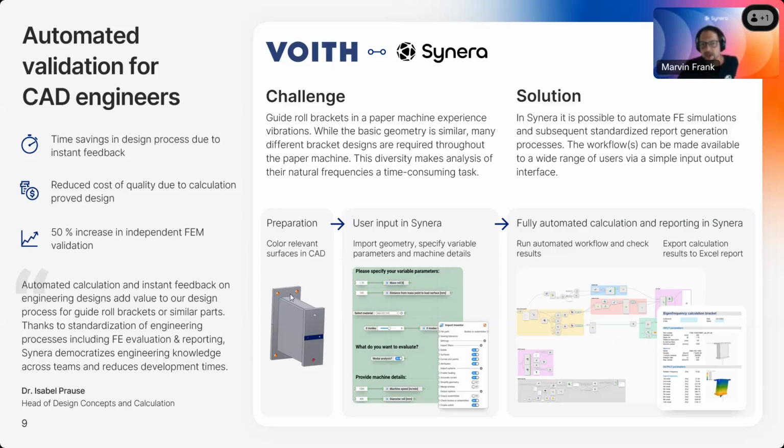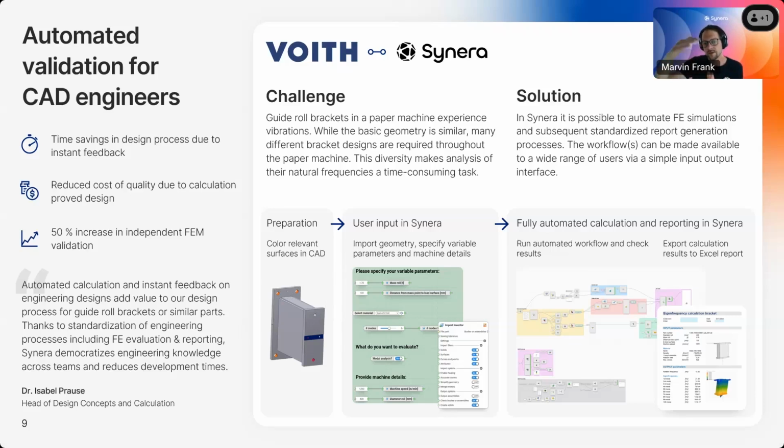They have a guideline, and in this guideline they describe which colors and attributes they need to give to certain surfaces in the model. When they import it, these colors can be read out, and on the surfaces the loads and the boundary constraints are applied, so it doesn't really matter what kind of part you have here. You can come up with parametric logics that also take into account the size of the bracket to give, for example, an element size that fits for all of them.